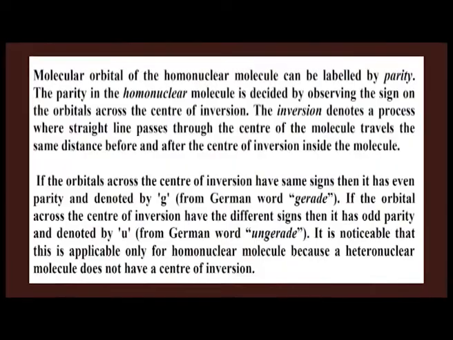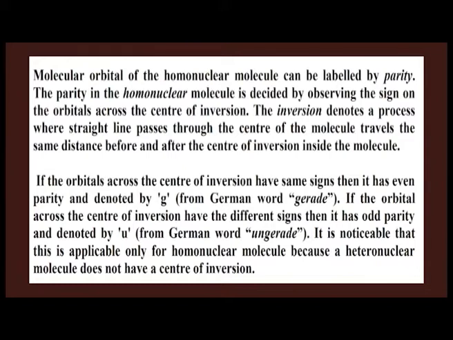A few terms are discussed here to understand electronic spectroscopy in depth. The first term is parity. You can revise lecture number 13 for understanding parity. Now we are also recalling it a little bit. Molecular orbitals of a homonuclear molecule can be labeled by parity.